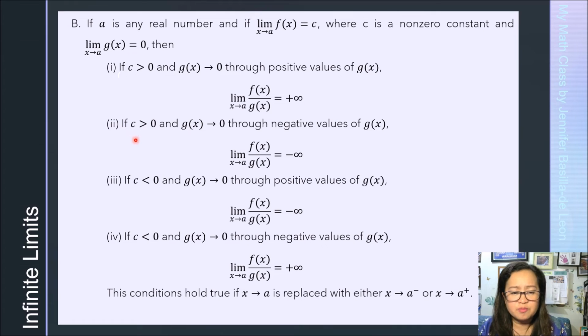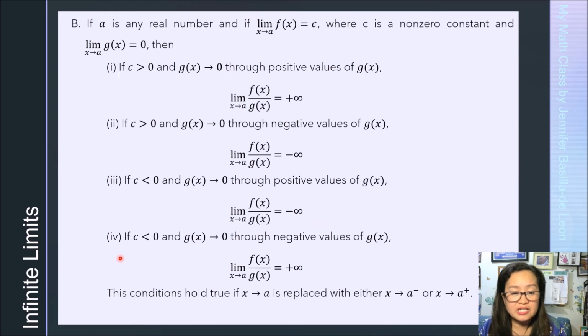Second possibility, this time g of x approaches 0 through negative values of g of x. In this case, the limit of f of x divided by g of x as x approaches a is negative infinity. The third possibility is this condition: if c is less than 0 and g of x approaches 0 through positive values of g of x, then the limit of f of x divided by g of x as x approaches a is equal to negative infinity.